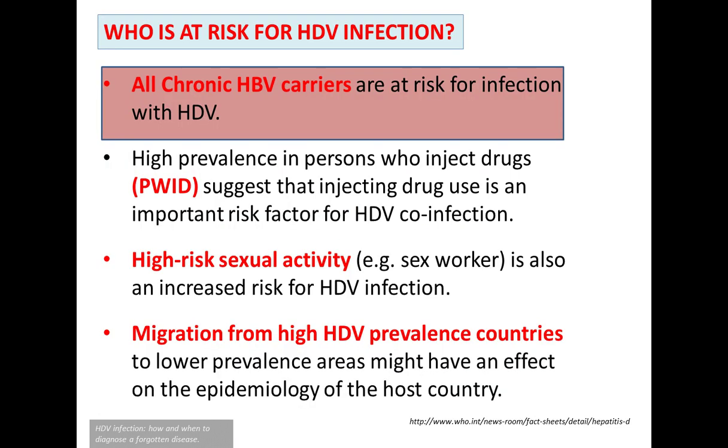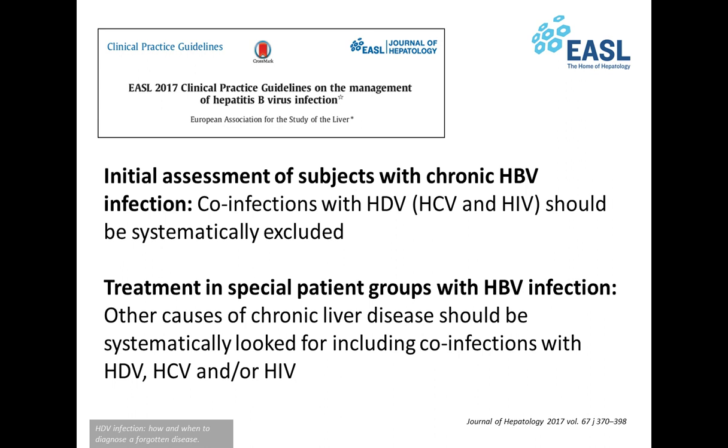Besides, in the WHO fact sheets, it is remarked that all chronic hepatitis B virus carriers are at risk for infection of Delta virus, and that important additional risks of Delta are people who inject drugs, people having high-risk sexual behavior, and migration from countries with high Delta virus prevalence.